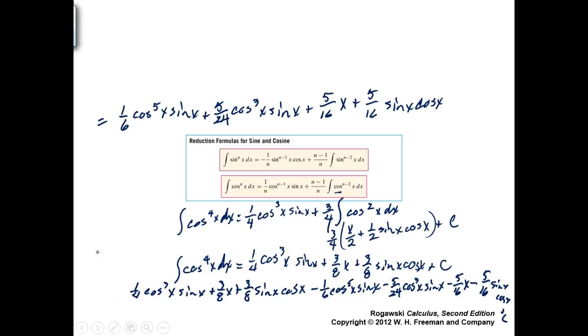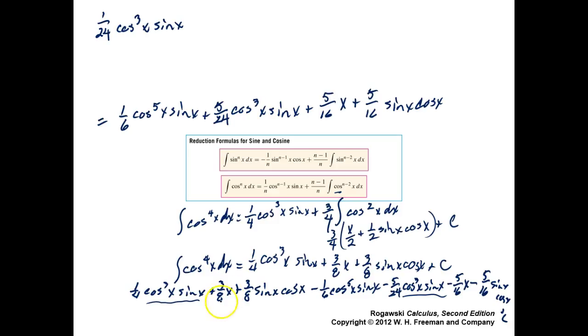So let's see what we can do with that. I'm not going to write the problem down, but it's this right here. Here we have a cosine cubed sine, starting out with a 1/4 minus a 5/24. 1/4 is 6/24, right? Minus 5/24, that should be 1/24 cosine cubed x sine x.